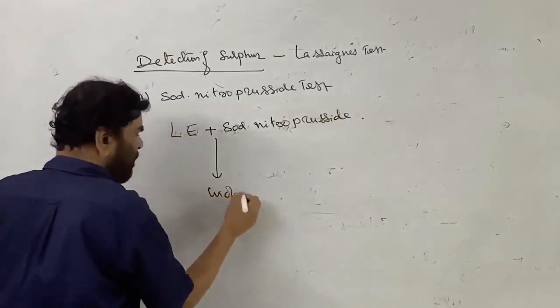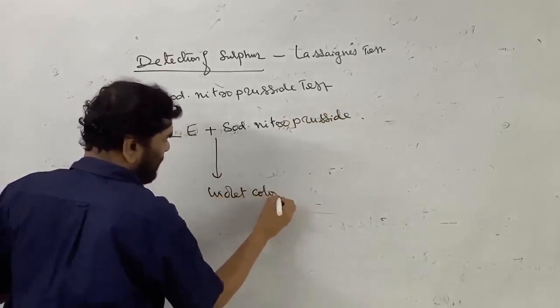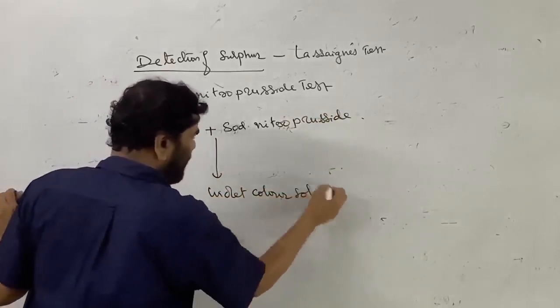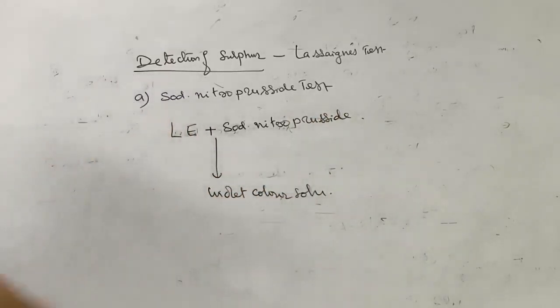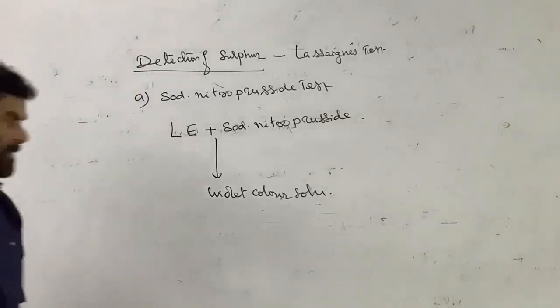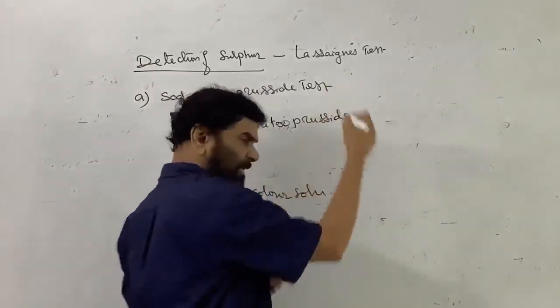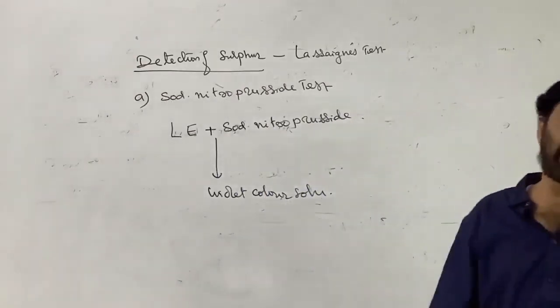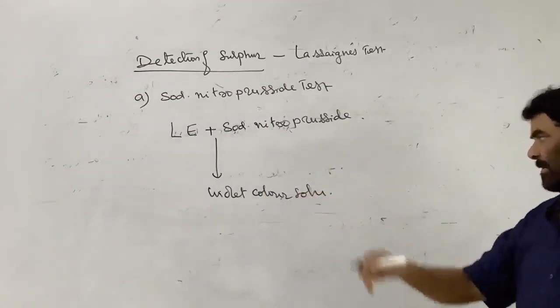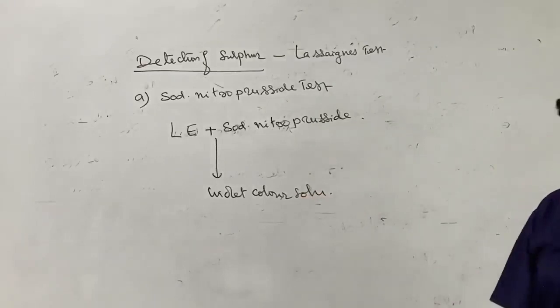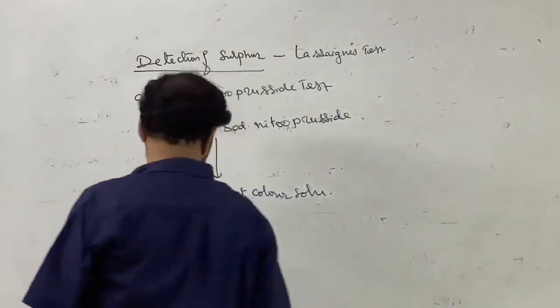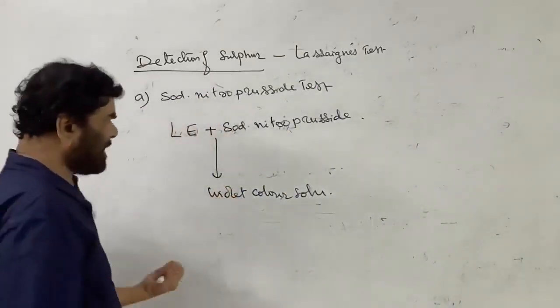Formation of a violet color solution is the indication of the presence of sulfide ion in the solution, which means the presence of sulfur in the original organic compound. Violet coloration, formation of the violet coloration.